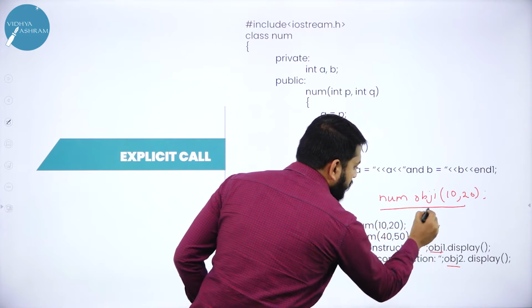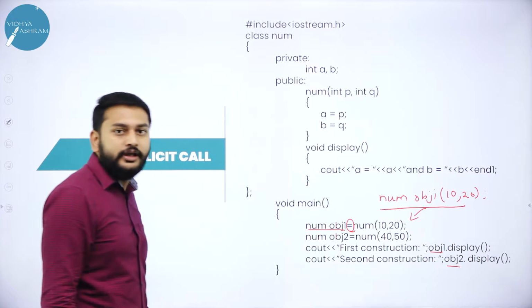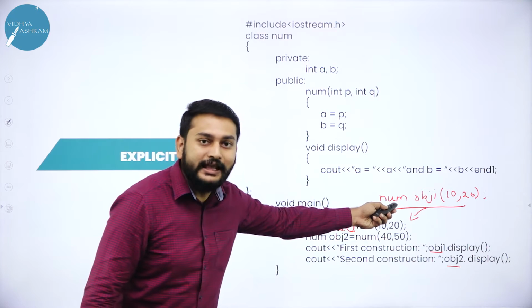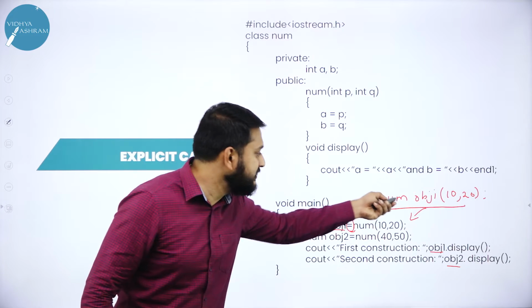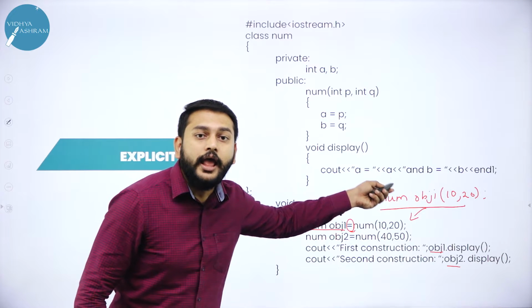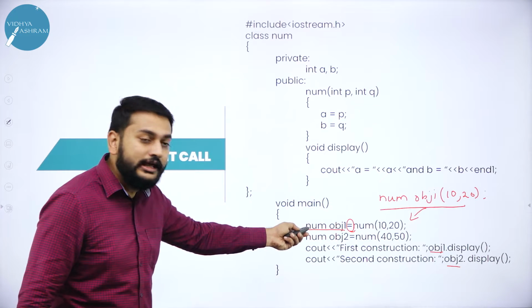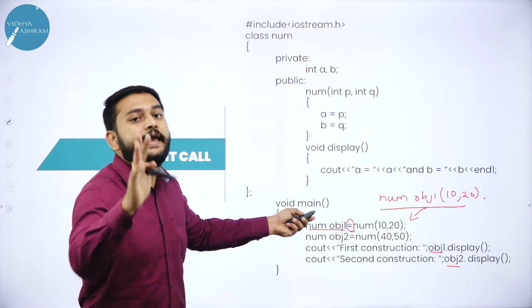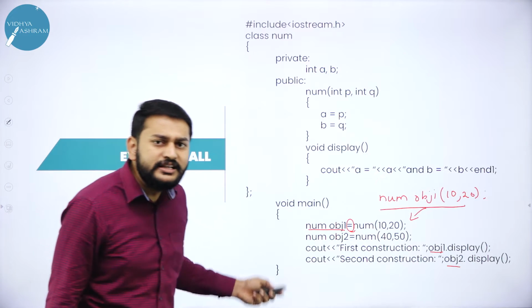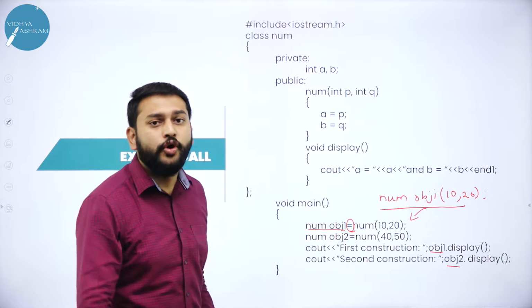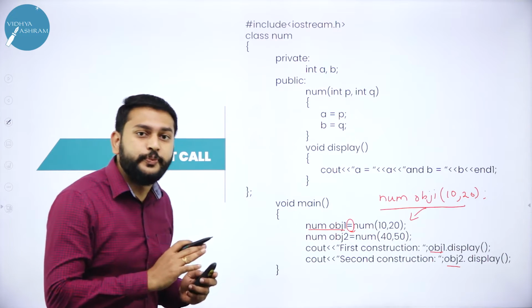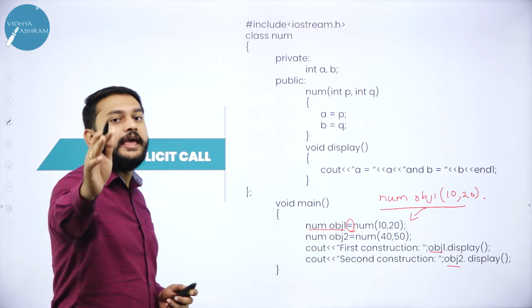Look at the difference. If I write like this, I will call it an implicit call. If I write the other way, I will call it an explicit call. That is the difference you should know between implicit call and explicit call.